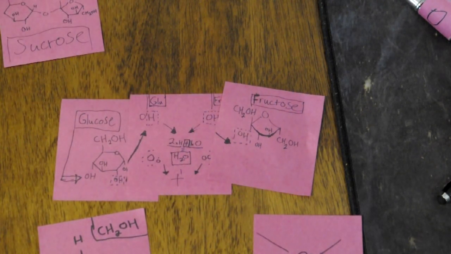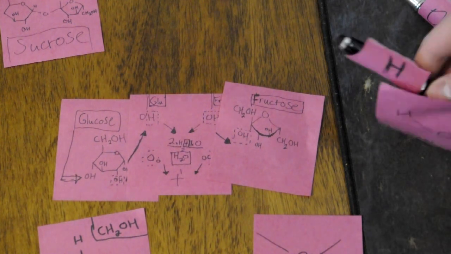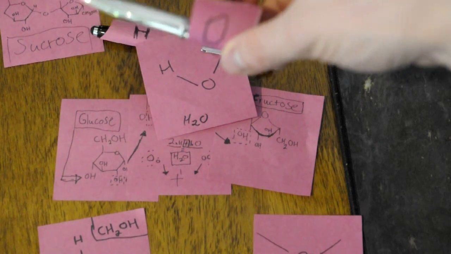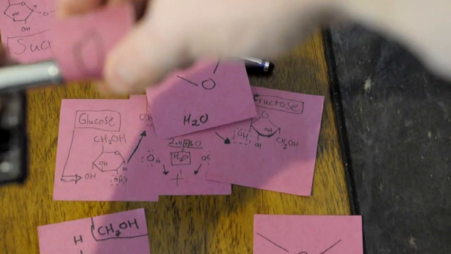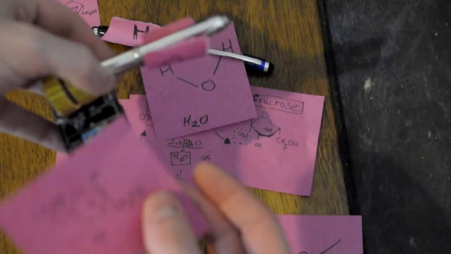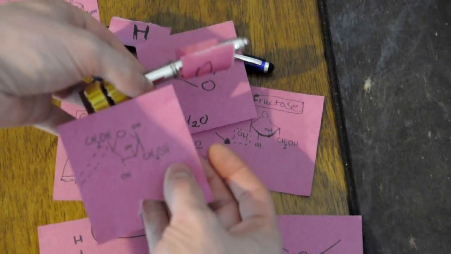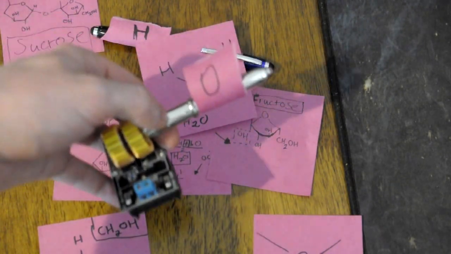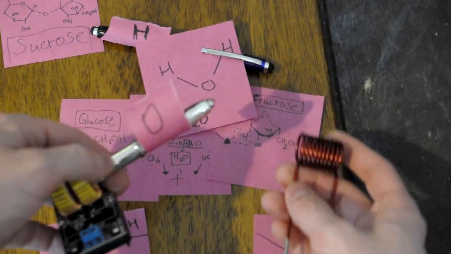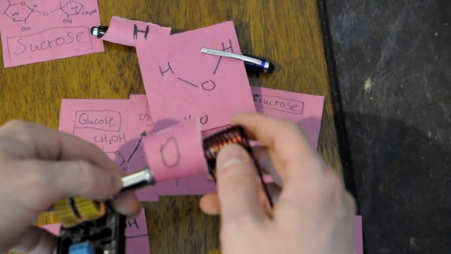And then the same thing in sucrose can happen in reverse. So the sucrose, as represented by the glucose molecule as the circuit board on the left, and then the fructose, represented as the coil on the right, they are connected by this oxygen.